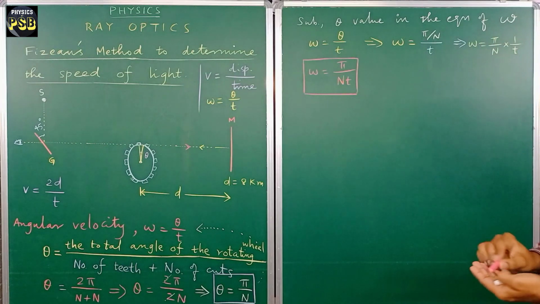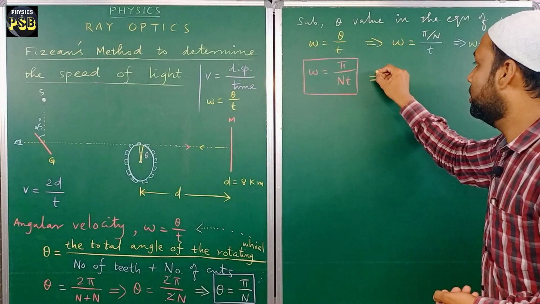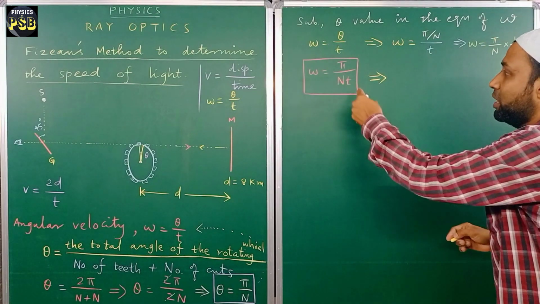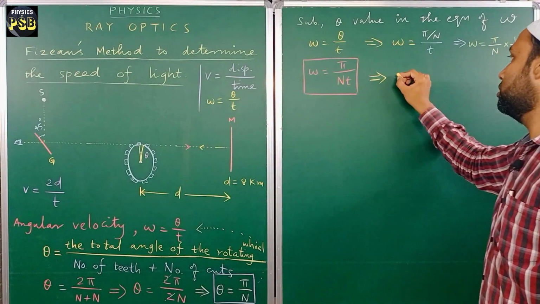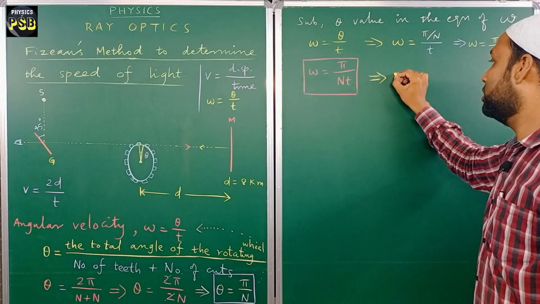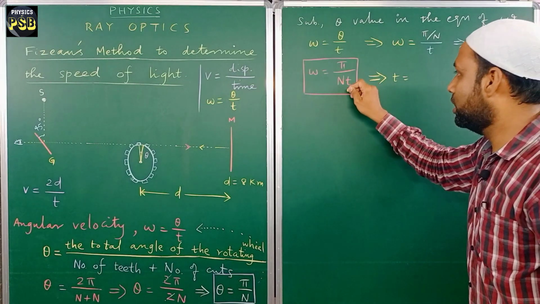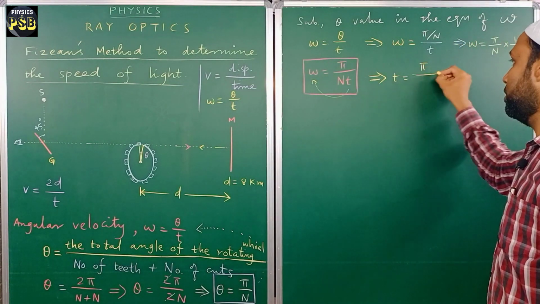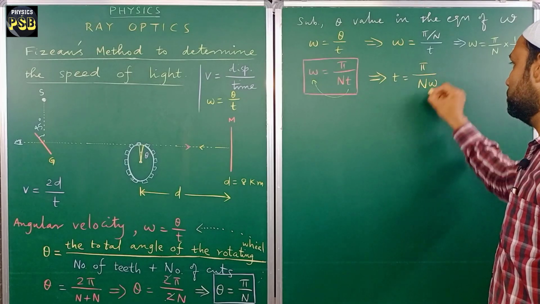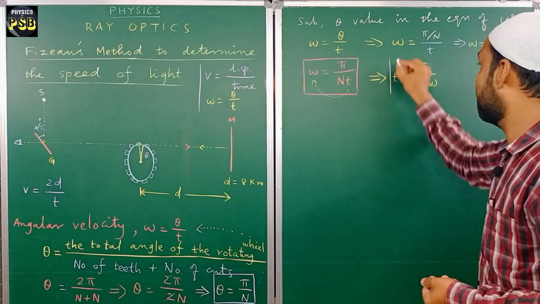Now from this equation, I am going to get the value of t. This can be done by cross multiplication. I am going to take t to that side, so omega will come down to the denominator. So t is equal to pi upon n omega.